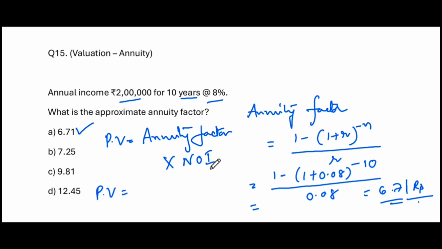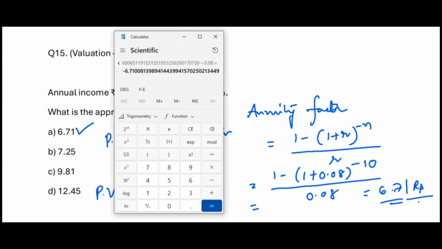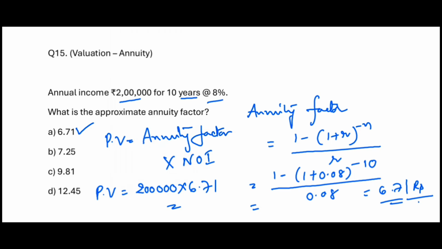That into NOI, net operating income, 2 lakhs, into annuity factor 6.71. So the answer will be 13,42,000, which is the worth of the property, PV. It is not asked in the question, but I am discussing it. Okay.